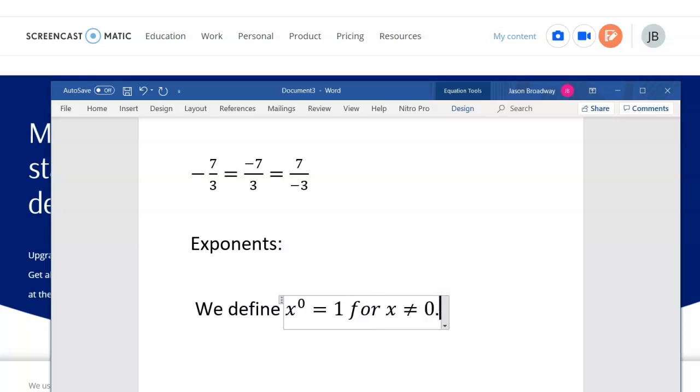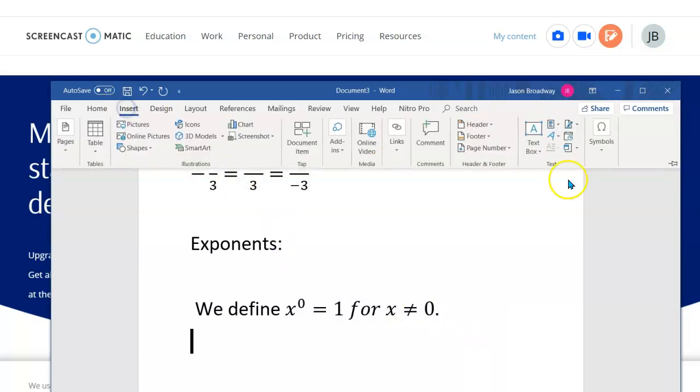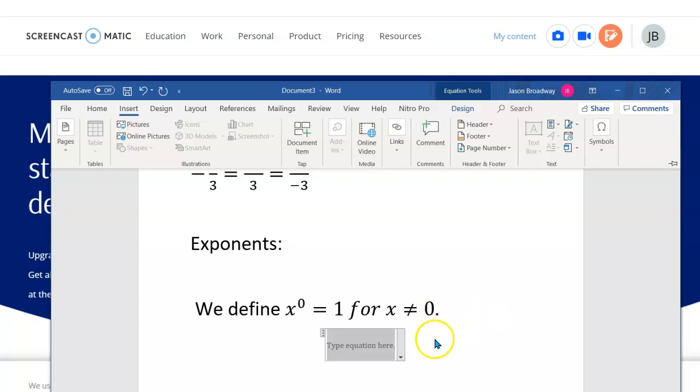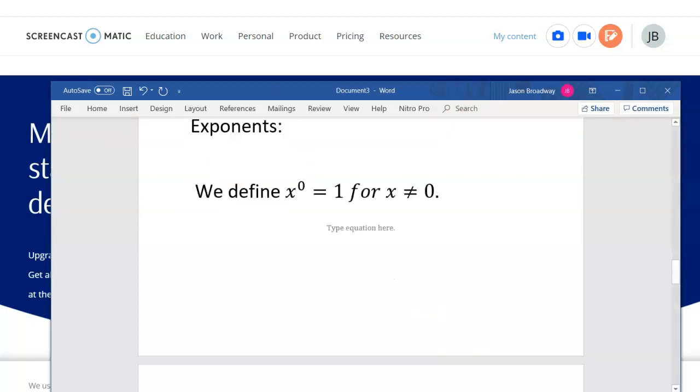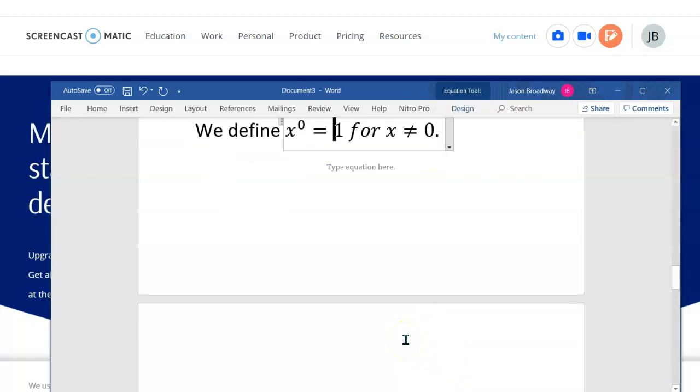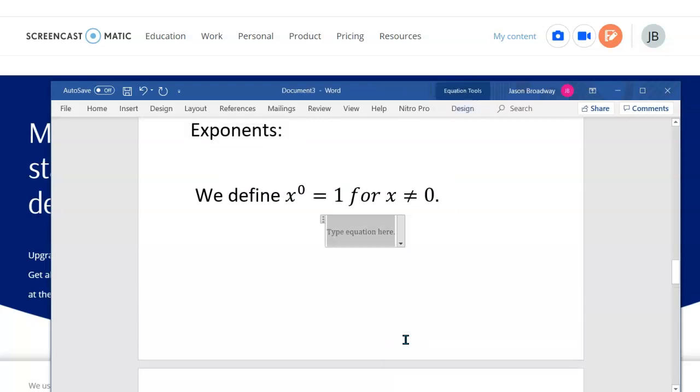We leave 0 to the 0 undefined. So 0 to the 0 is undefined, but for anybody else, x not equal to 0, we define it to be 1. It's because it makes everything work out really nice. It's consistent. I won't go into all the nice reasons why. Some of y'all will take advanced math later, and I don't want to go too deep, but it makes everything nice and consistent.